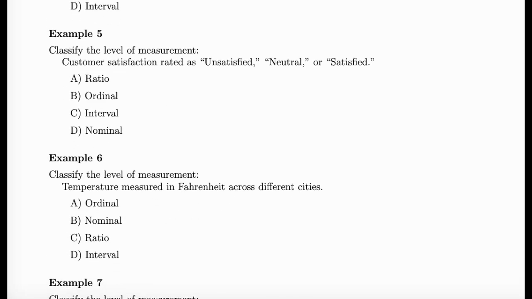Let's look at example 5. Example 5 says classify the level of measurement. This is a customer's satisfaction rated as unsatisfied, neutral, or satisfied. These are definitely categories, so we know we're going to use either nominal or ordinal.